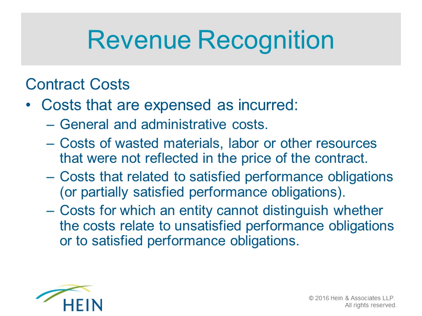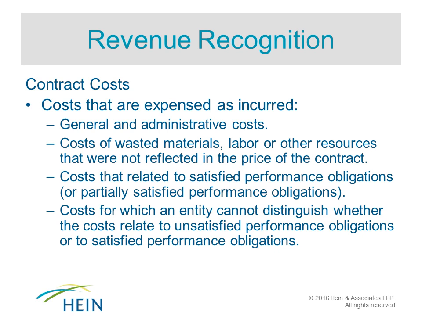Costs that are expensed as incurred would be general and administrative costs, wasted materials, labor, or other resources, and costs that relate to satisfied performance obligations. I want to point that one out specifically, because once you've satisfied that performance obligation, you're really moving forward and addressing whether costs apply towards the ones that remain unsatisfied.